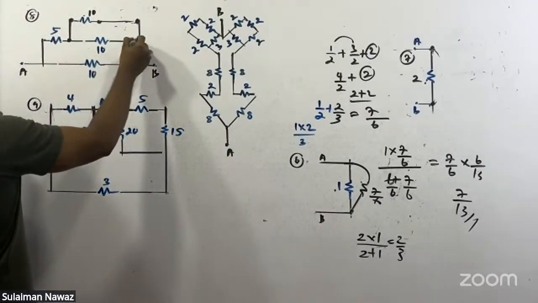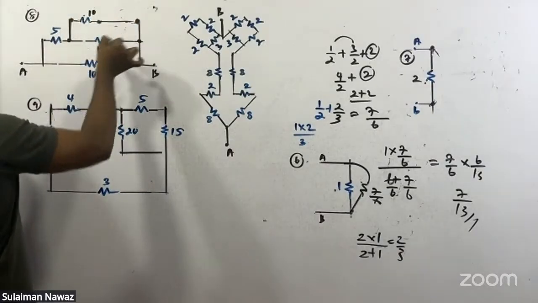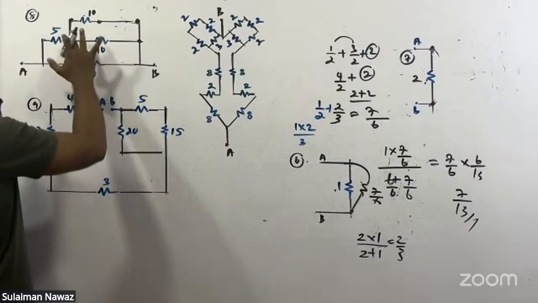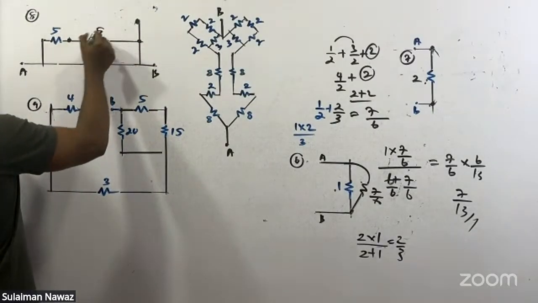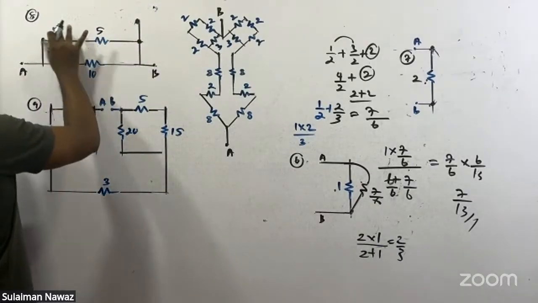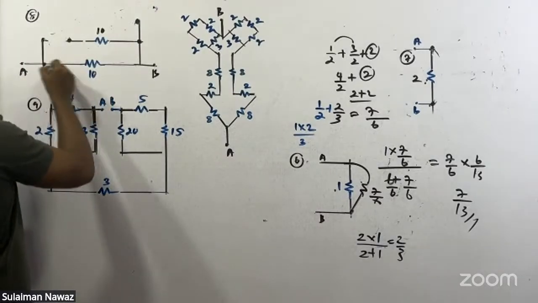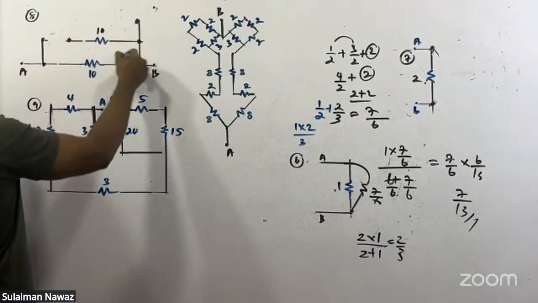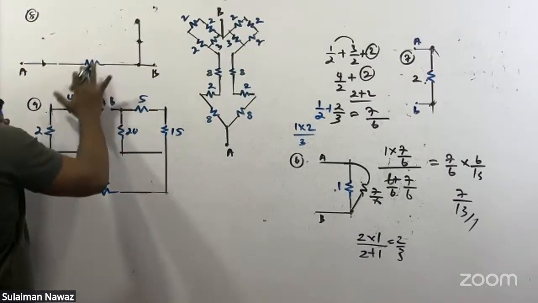Between these 2 points, there are 2 resistors, 10 ohms, parallel. Equivalent is 5 ohms. Between these 2 points, 5 series, 10 ohms. Between these 2 points, 10 ohms, 10 ohms, parallel, 5 ohms.